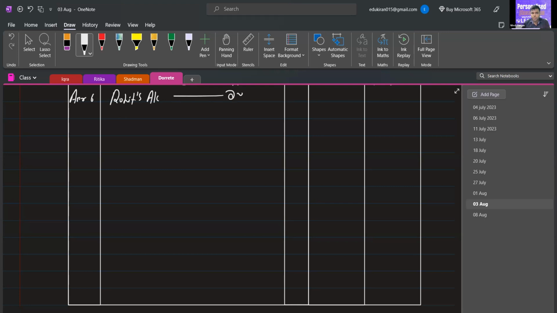Otherwise, you have to write Rohit debit. No account will be included. So if we have to add account, then this S will be placed. So Rohit's account debit to sales 25,000 and 25,000.